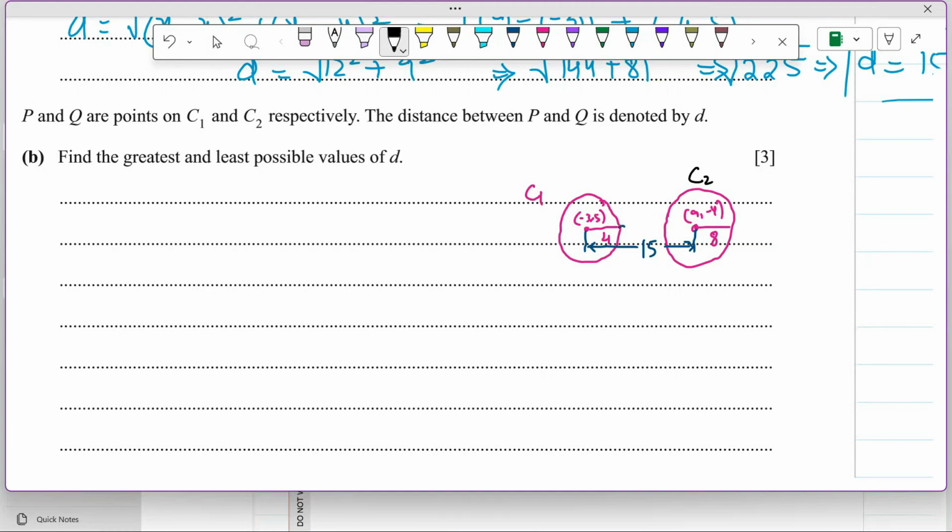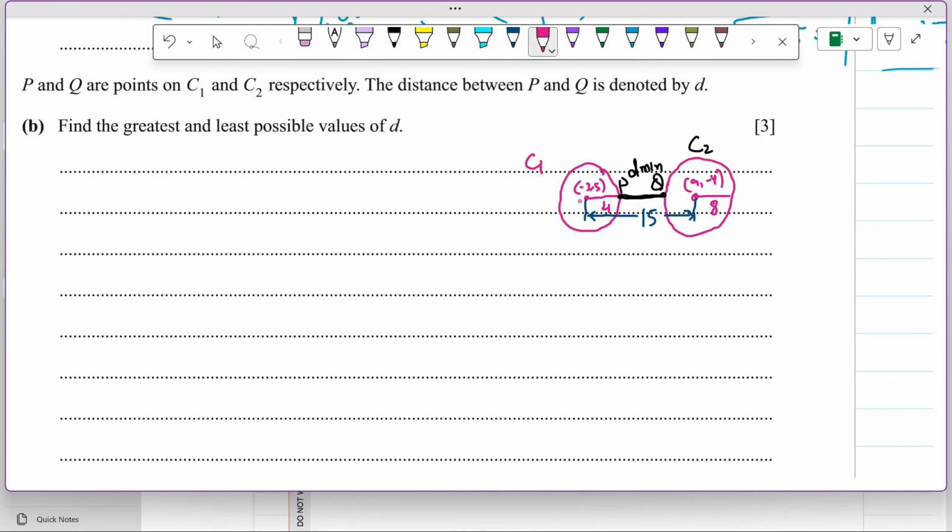Now, we need to find the greatest and least possible distance between the two circles. If I consider the point P here, and this one is Q, this is the smallest distance we have. This is D minimum. We know that the distance between the centers is 15. So if I subtract the radius 8 and the radius 4 from the distance between the centers of the circles, I will get D minimum.